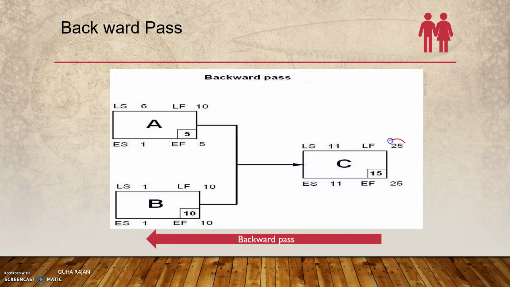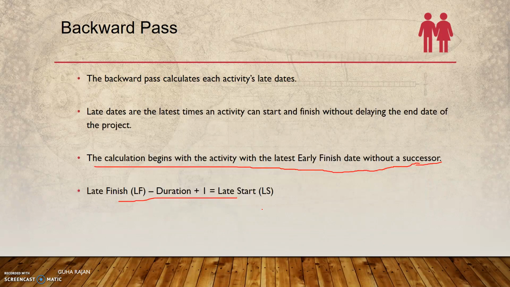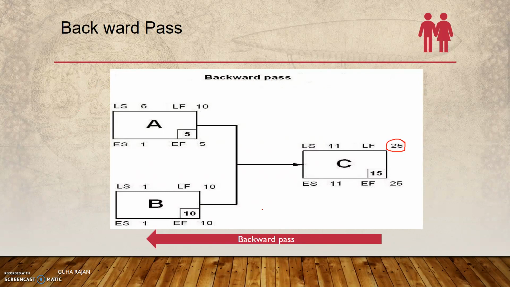So we start with 25. Again, late finish minus the duration: 25, my duration is 15, so minus 15 is 10, plus 1 is 11. That is the late start.